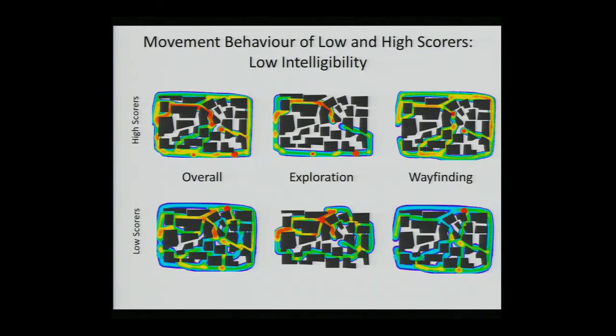There is a bit of an advantage for high scores when they're exploring into the environment, but when they go to find their way back out, they're again exploring a lot more of the environment, and they're having a lot more trouble finding their way back to where they started. And this is very similar to the low scores, who are largely having great difficulty performing the task.